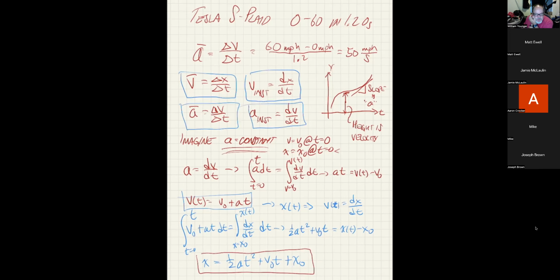Or what if you want to know the final position without knowing the time? Well, that's actually not too bad, because I'm going to call this equation 1, 2, 3, 4, 5, and 6. What I'm going to do is solve 5 for t and plug it into 6.